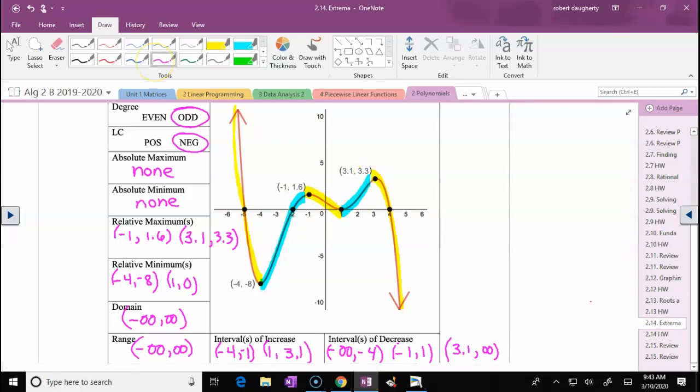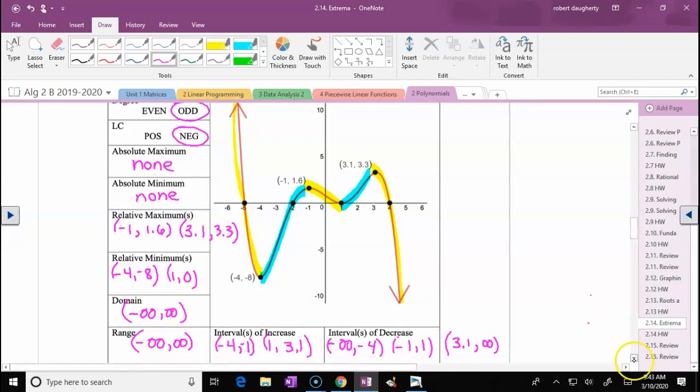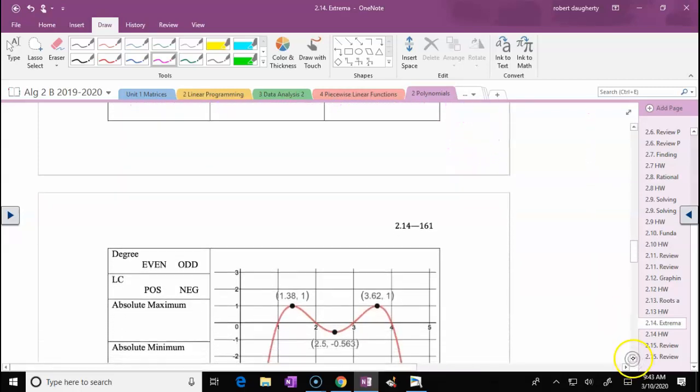The decreases are negative infinity to negative 4, negative 1 to 1, and 3.1 to infinity. The increases are negative 4 to negative 1, and 1 to 3.1. The confusion is that these are all x values and x intervals. They're all parentheses. There are no closed brackets on these intervals.